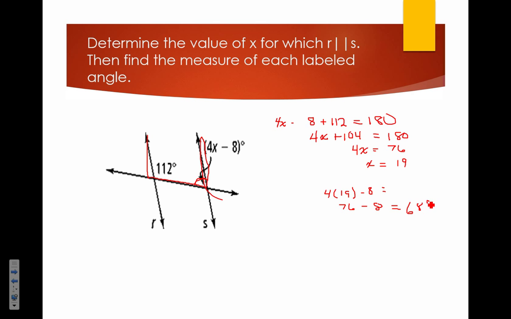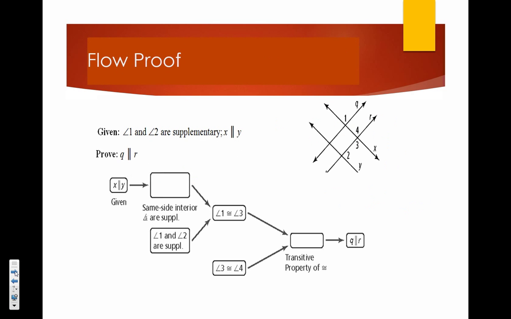If we wanted to, we could double check, because we know that these two angles should add up to 180 degrees, and they do. So we're good.